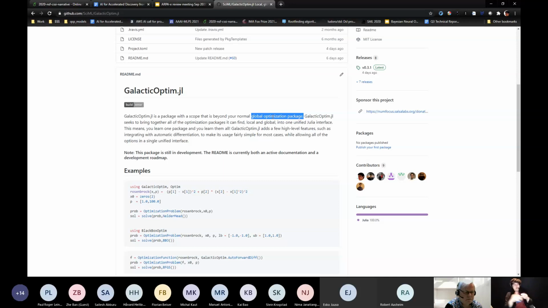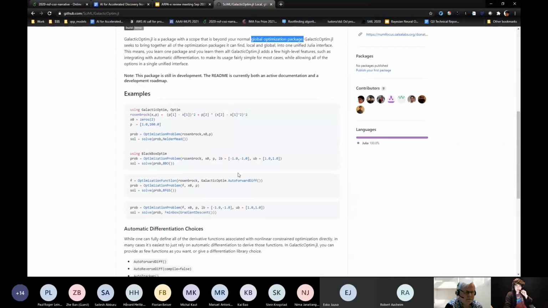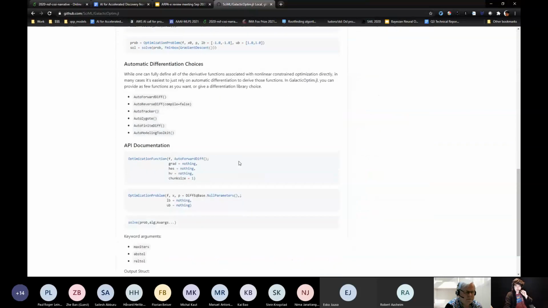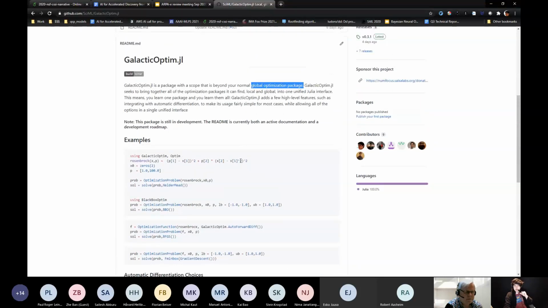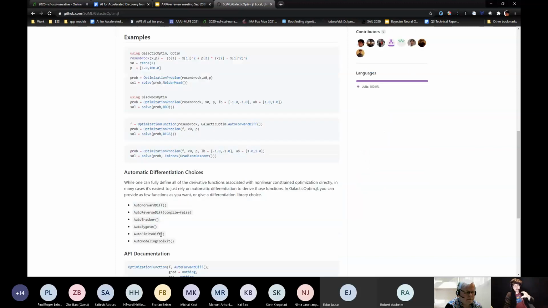It's more than global. It's not fully documented yet, but this is a project to watch. It basically has 10 underlying differentiable optimization libraries that it can call, and automatically integrates with automatic differentiation for defining the derivatives and such. And one of the things that it does is it also has auto ModelingToolkit.